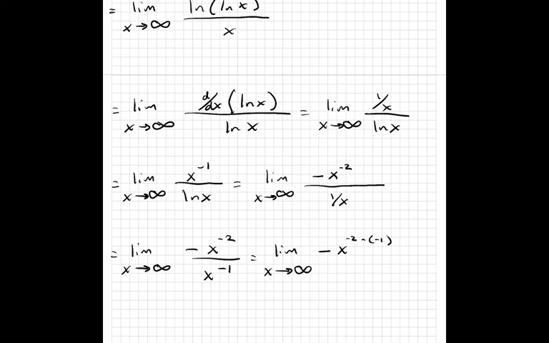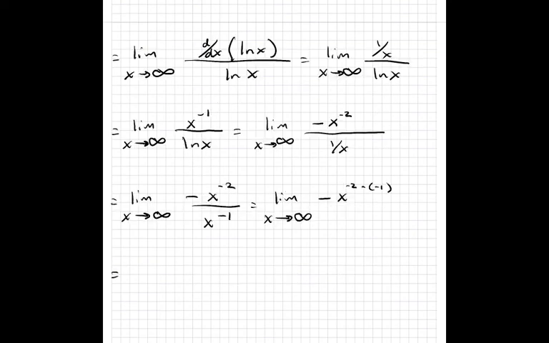Ultimately, what we're going to get, the limit as x goes to infinity, that's going to be a negative 1. It's going to be negative x to the negative 1, right? So then this is going to be the limit as x goes to infinity of negative 1 over x.